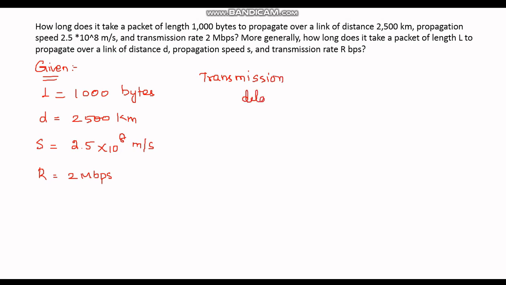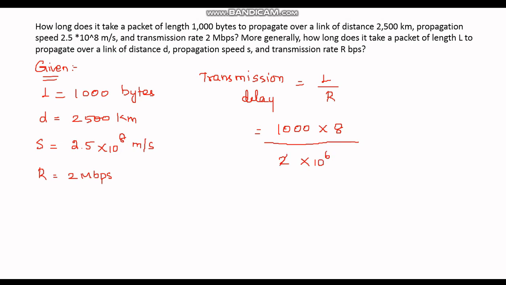So the transmission delay is L, the length, divided by the rate. L is given as 1000 bytes, so in order to convert that into bits, let me multiply it with 8. And then the data rate is given as 2 mega, so I put 2 into 10 to the power of 6.